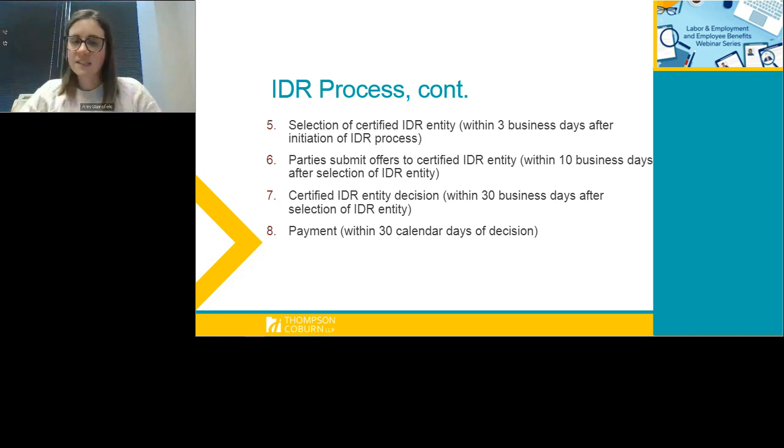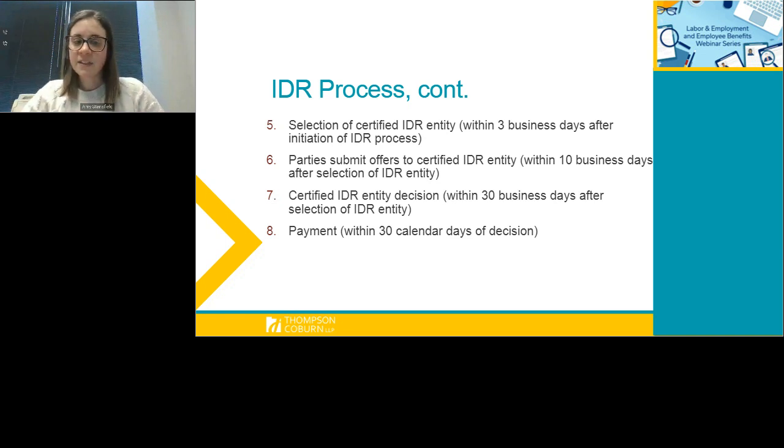I believe they have until the 6th business day after the initiation of the IDR process. The parties must then submit offers to the certified entity within 10 business days after the selection. And then the certified IDR entity must issue a decision within 30 business days after the selection date.